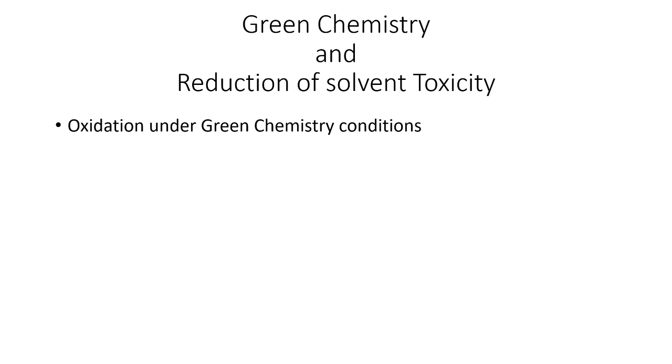So if we go for oxidation under green chemistry conditions, it will reduce the use of solvent, and that will reduce the solvent toxicity. There is one more method, that is catalytic activity to reduce the solvent. Use of solvent can be reduced by using an alternative method or a catalyst which will give high yields and selectivity. This will also help to reduce waste generation. So these are the two ways by which you can reduce the solvent toxicity.